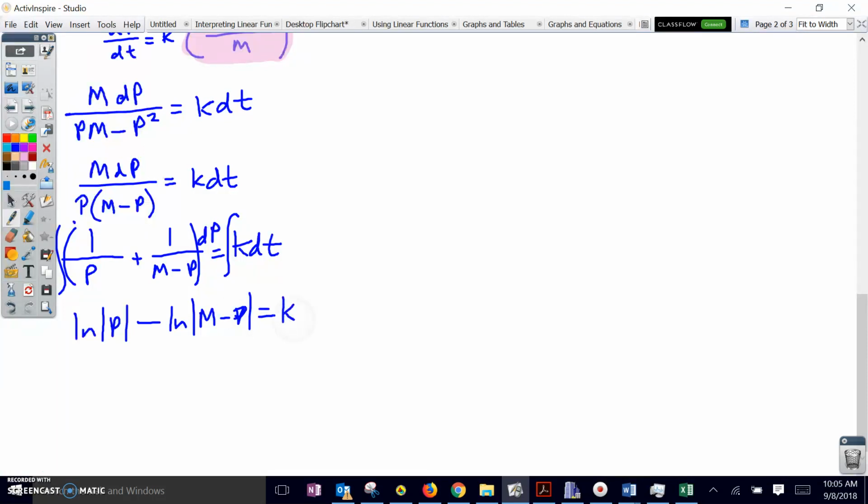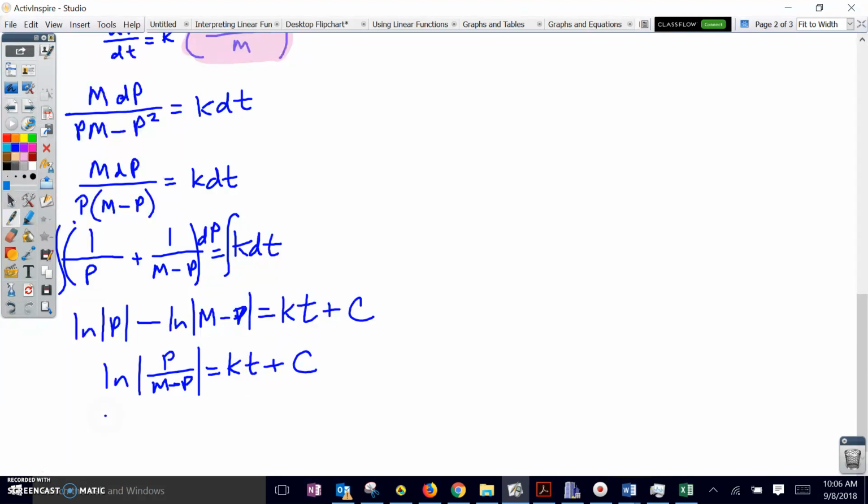Well, when we take the derivative of the natural log of M minus P, the chain rule multiplies by negative 1, so we need to multiply by a negative to compensate for that fact. And the right-hand side is going to be kt plus a constant. Now, using logarithm rules, that gets me to the natural log of P over M minus P is equal to kt plus C.